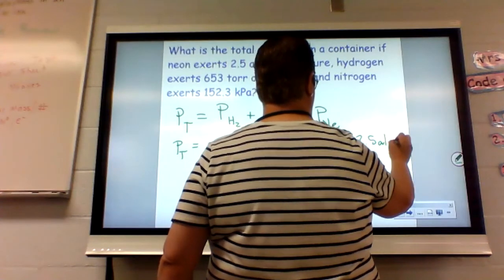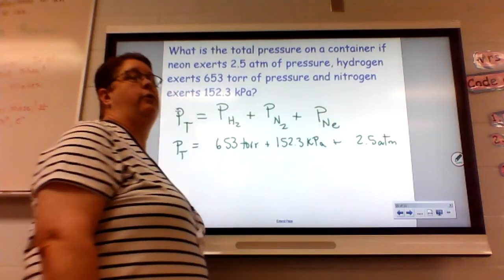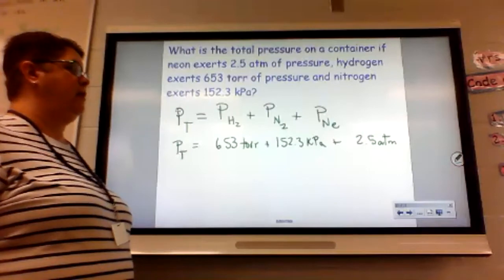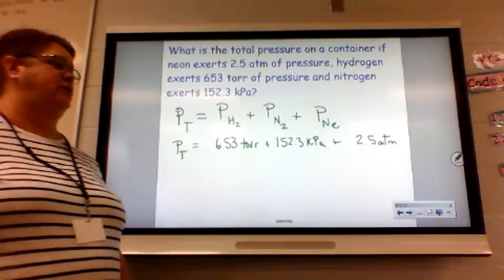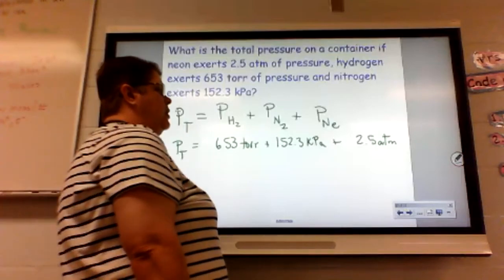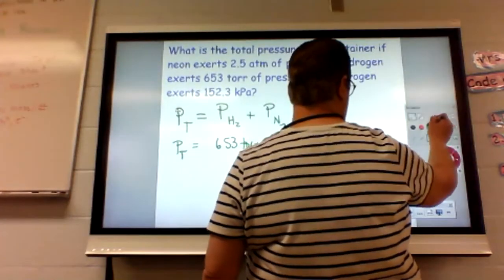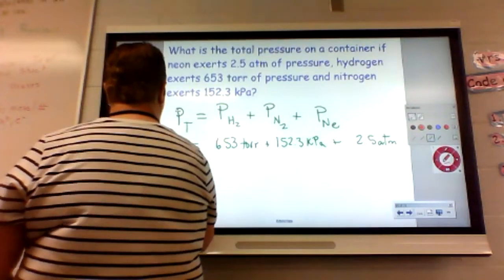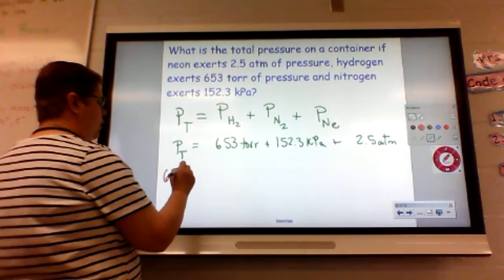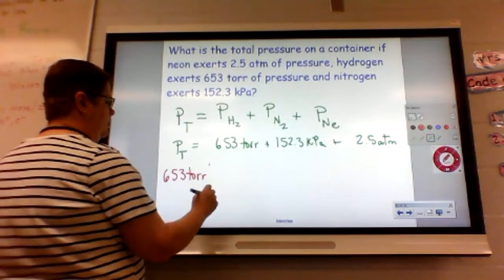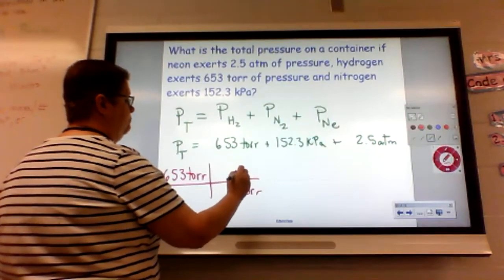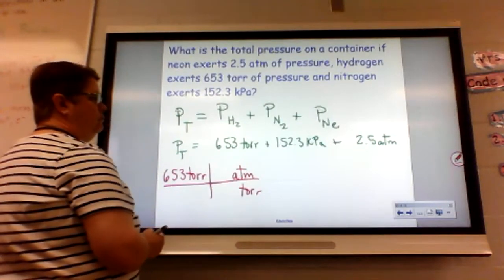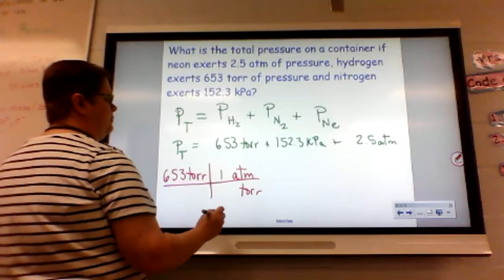What does PT stand for? Pressure total. So the only one that I'm not going to change, based on what you said, is the ATM, because that's the unit that you said to change it to. So the other 2 have to be changed. Now, 653 torr, ATM gets a what? Torr gets.